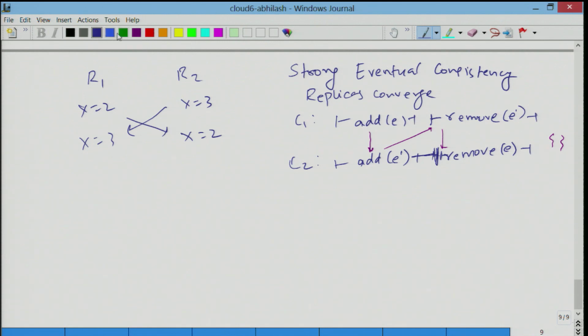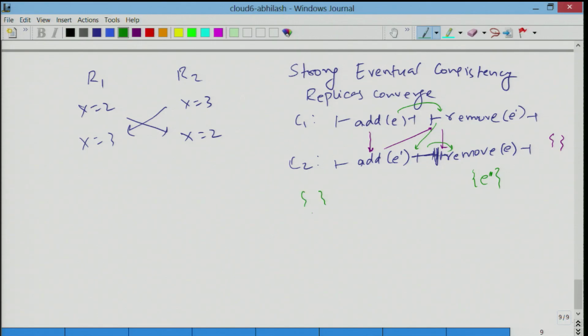Then the other outcome is that add happens, then the remove happens, then add happens, and then the remove happens, and then the outcome is E prime. Right, so sequential consistency allows two possible outcomes.